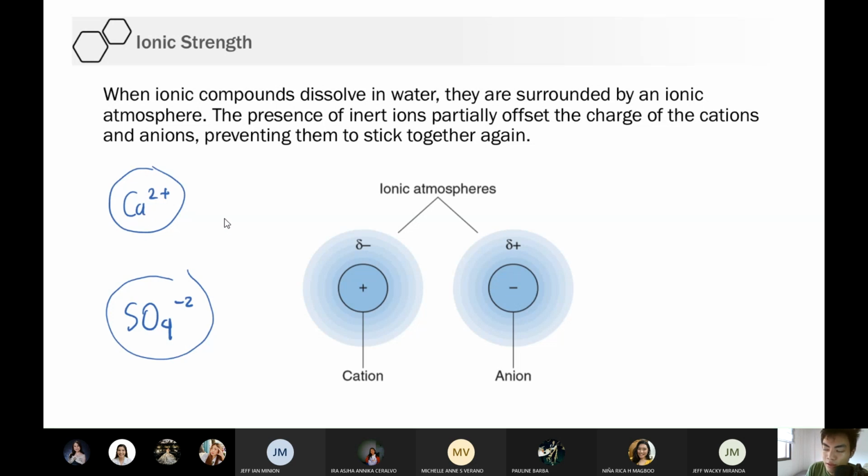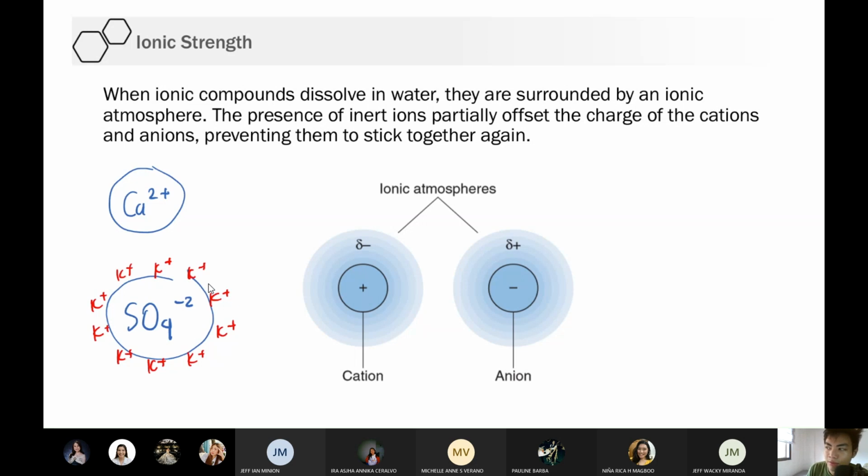So, how is that possible? What they visualize is this. We have potassium ion from our inert salts. The potassium ions will flood the ionic atmosphere of your sulfate ion. They will flood the surroundings of the sulfate ion.